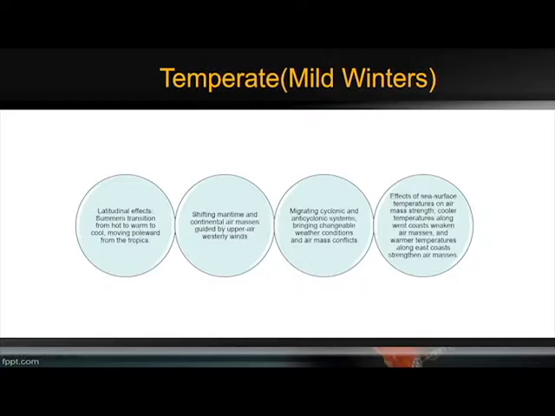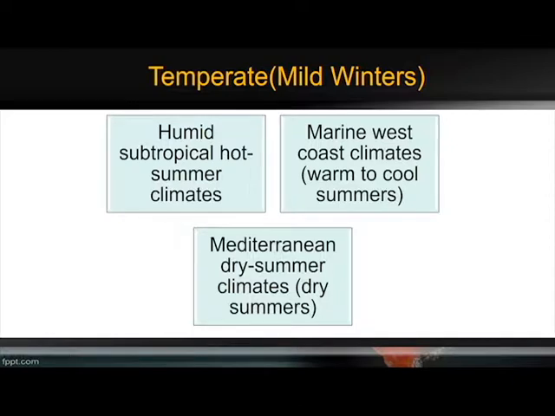So these migrating cyclones and anticyclones are responsible for rain and dry days. And also we have effects such as the ocean currents. So the first one, temperate, they call mild winters. So the subtropical hot summer climates, and we have marine west coast and Mediterranean type of climate.